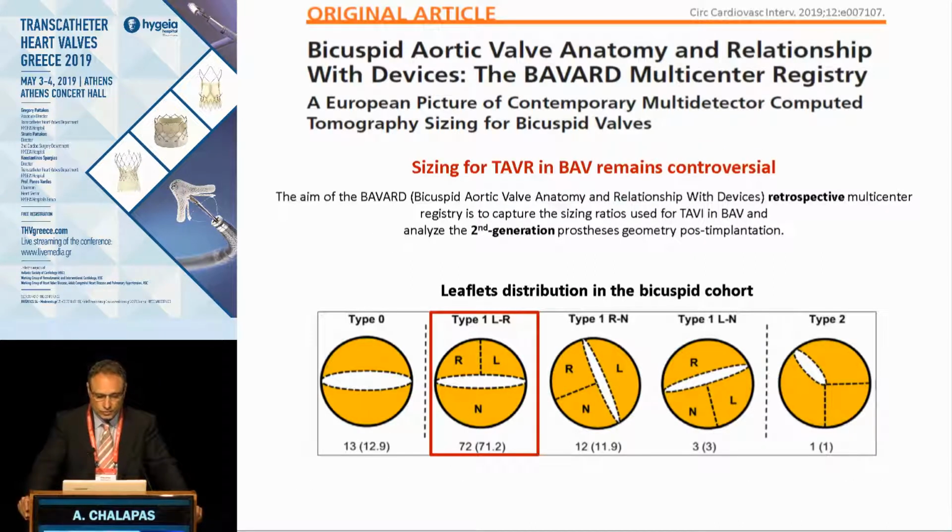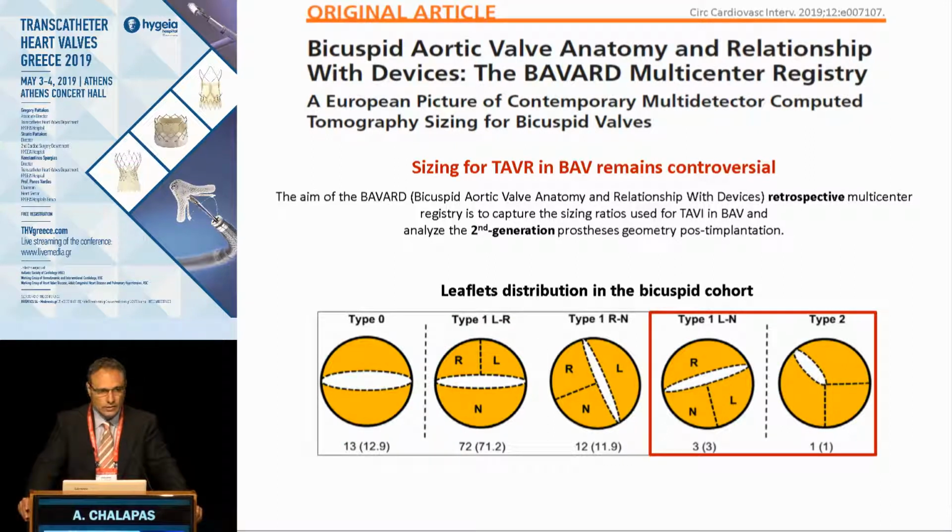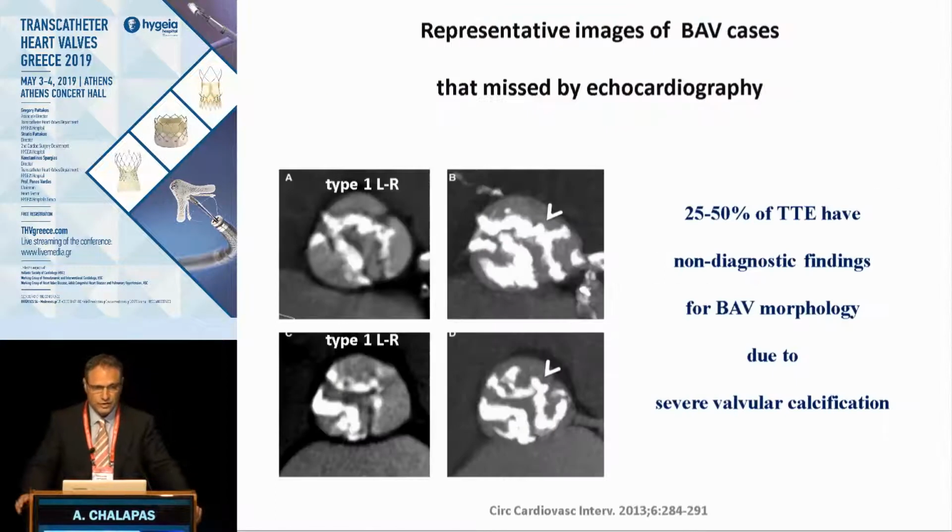And recently it was shown that the most common type is type 1 with left-right fusion, which is often characterized by an asymmetric non-coronary sinus. The less common is type 1 with left and non-coronary cusp fusion, in 3% of the cases, and type 2 with 2 raphes in 1% of the cases.